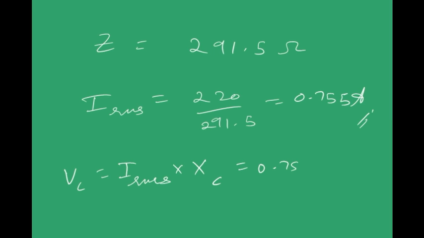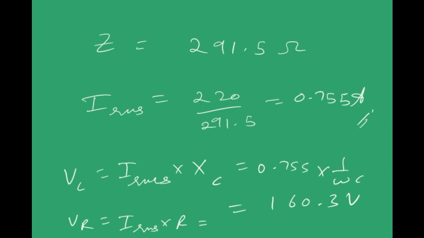So 0.755 into XC is what? Use that formula 1 by omega C and you will get it to be 160.3 volts. And similarly, voltage across the resistor R will be IRMS into the resistance, that is 200 ohms, and you will get it to be 151 volts.